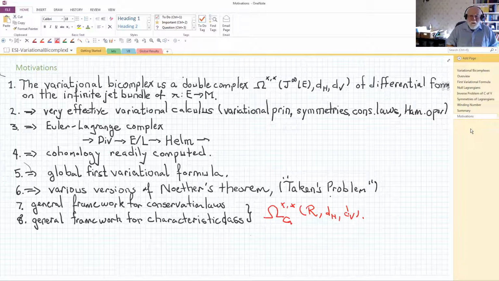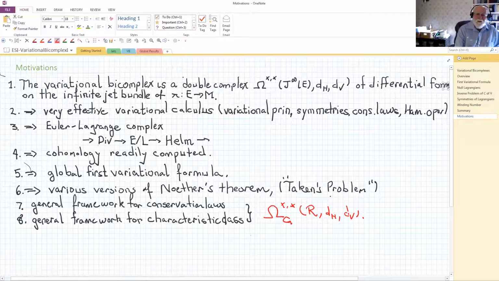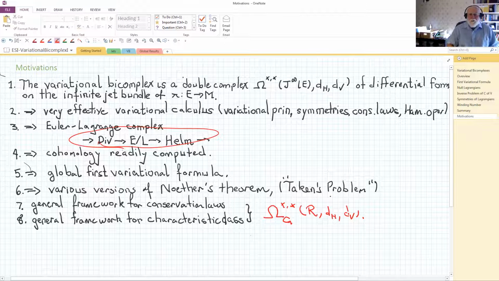It gives a very effective variational calculus for studying variational principles, symmetries, conservation laws, and Hamiltonian operators. The edge of the variational bicomplex gives a generalization of our little exact sequence that we've been studying. The cohomology of the variational bicomplex is readily computed.